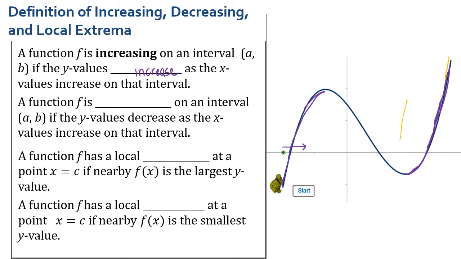A function is decreasing on an open interval AB if the y values decrease as the x values increase on that interval. So again, we can see here as these x values are increasing, these y values are going down, they're decreasing.